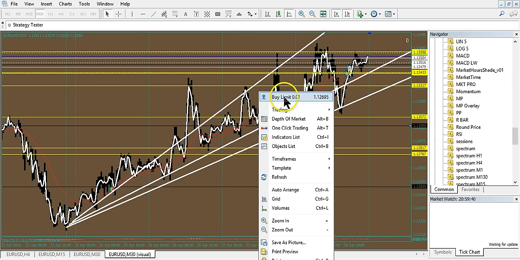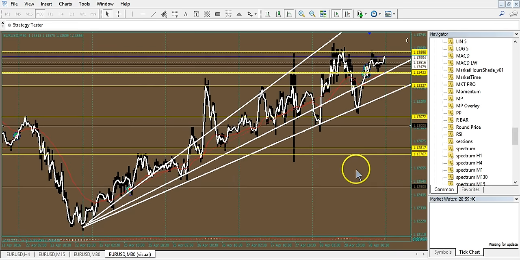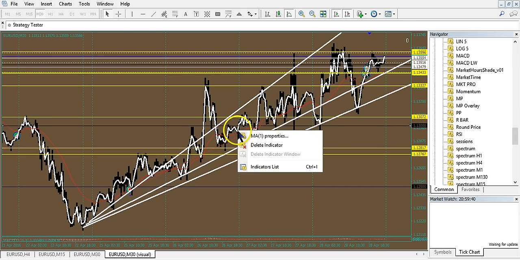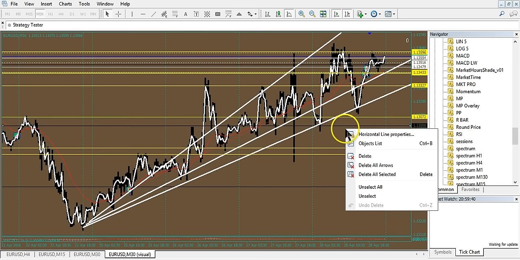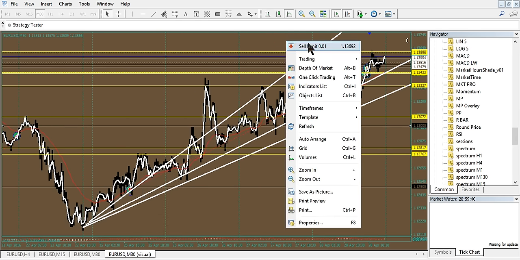See there? Problem is, if I right mouse click, I forgot to say this. I'm not trying to sell scripts, so it's not like I'm holding back information here and destroying my servers. But if you're right here and you right mouse click, if there's no indicators there, it's going to ask you buy limit, yeah, and sell limit here, no buy stops, notice.